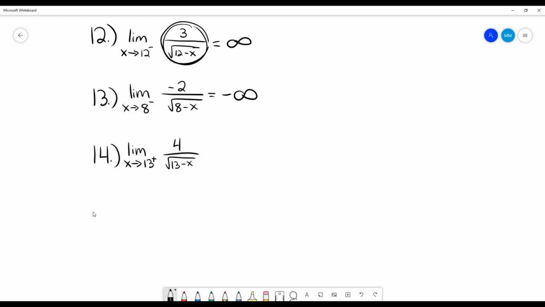Because if I plug in even like a 13 and a half, it's going to be 13 minus 13 and a half, which is still a negative in our radical, which is undefined. Which means that this overall does not exist. It is undefined for all values approaching 13, except for 13, obviously, because that would be a 0 in there. Oh, no, including, because it's in the denominator.